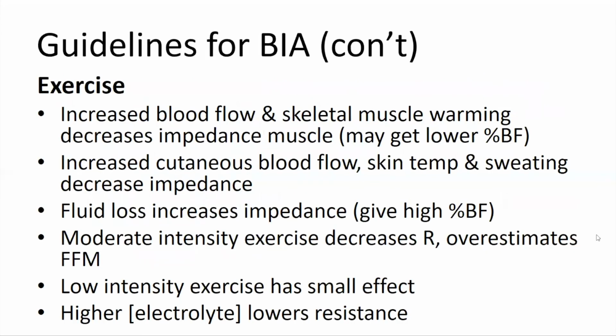So guidelines include making sure that the subject has not previously exercised, because if you exercise, it will increase the blood flow and warm the skeletal muscle, which will decrease the impedance and underestimate the percentage of body fat. You want to make sure that the person is hydrated normally and did not arrive for the test dehydrated as well.